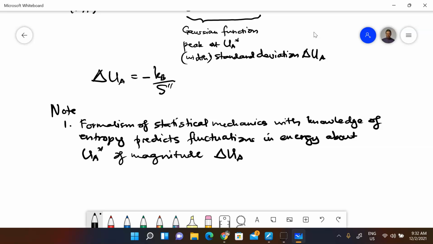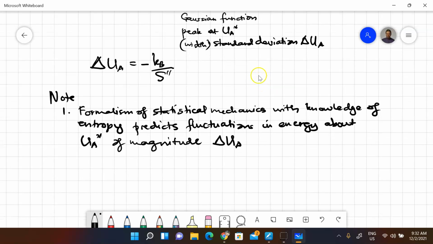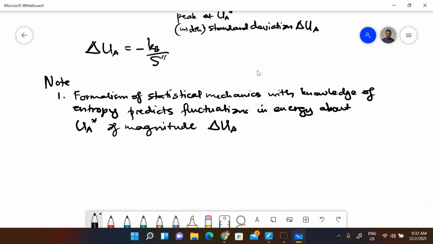Now, what else do we know about this? When is the entropy maximum? The entropy is maximum when it reaches this particular energy U_A star, and remember, entropy is maximum when it reaches equilibrium.